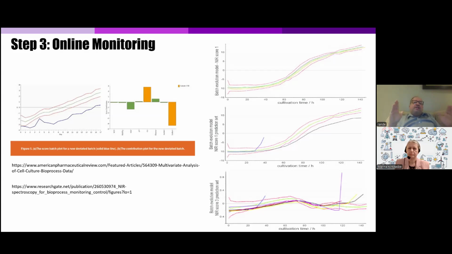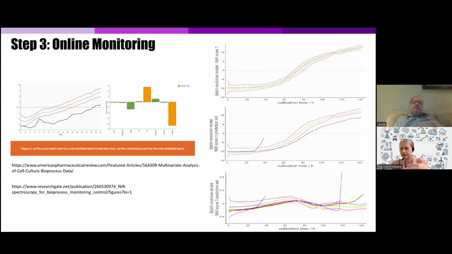Okay, so it's like a summary plot, an index which represents the performance of the process. Anything within the upper limit and lower limit is considered to be acceptable. It means that the batch that we are running is similar to all the good batches that we ran in the past 2 years or 3 years.